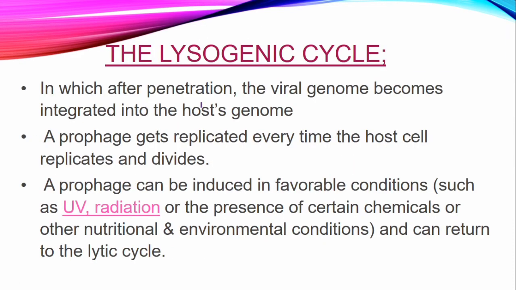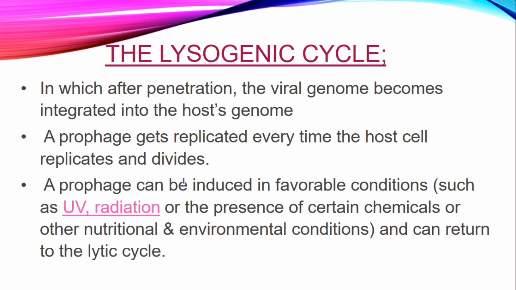Now coming to the next slide, the lysogenic cycle, in which after penetration the viral genome becomes integrated into the host genome. A prophage gets replicated every time the host cell replicates and divides.